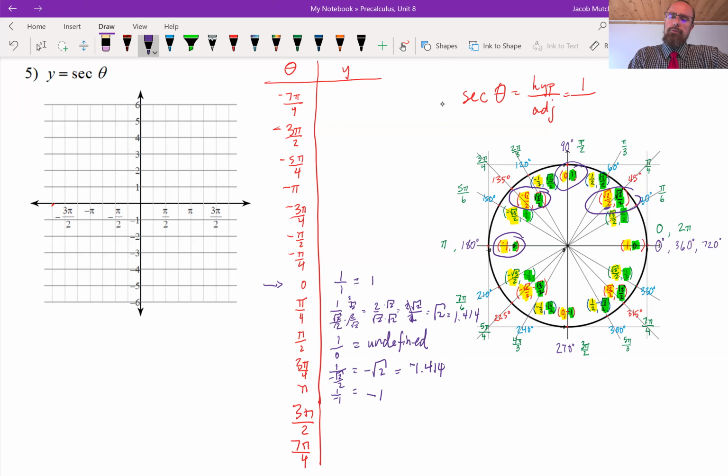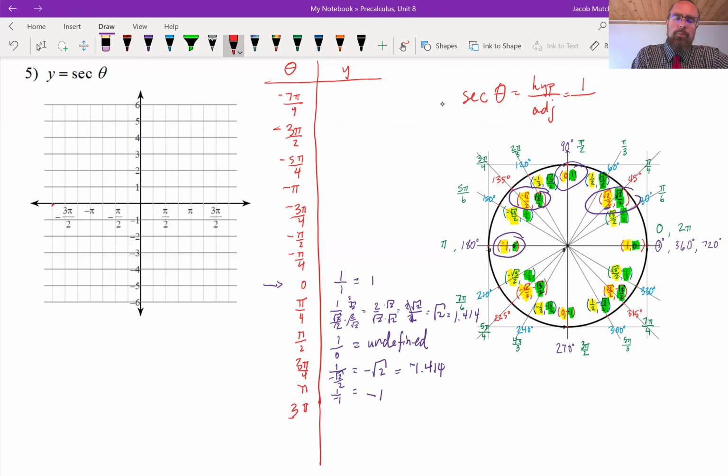3 pi over 2 is, I think I've missed one here. I got 5 pi over 4. Let me make sure I catch that value. So we'll just adjust here.